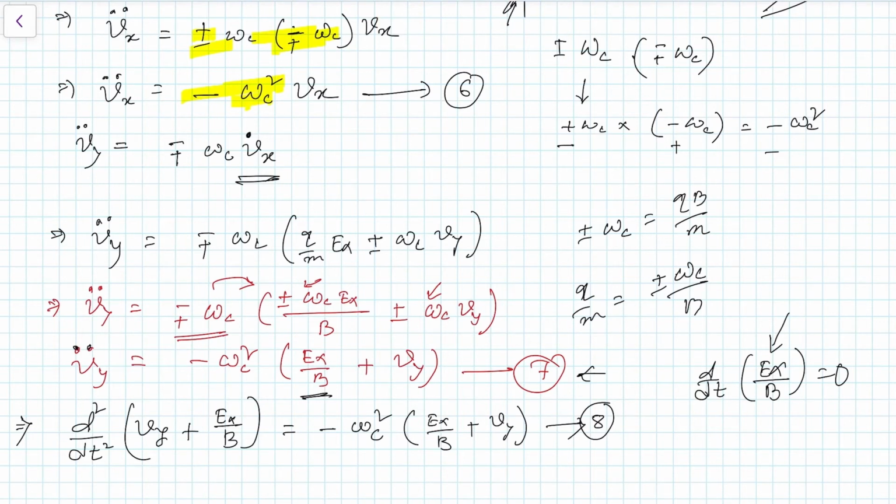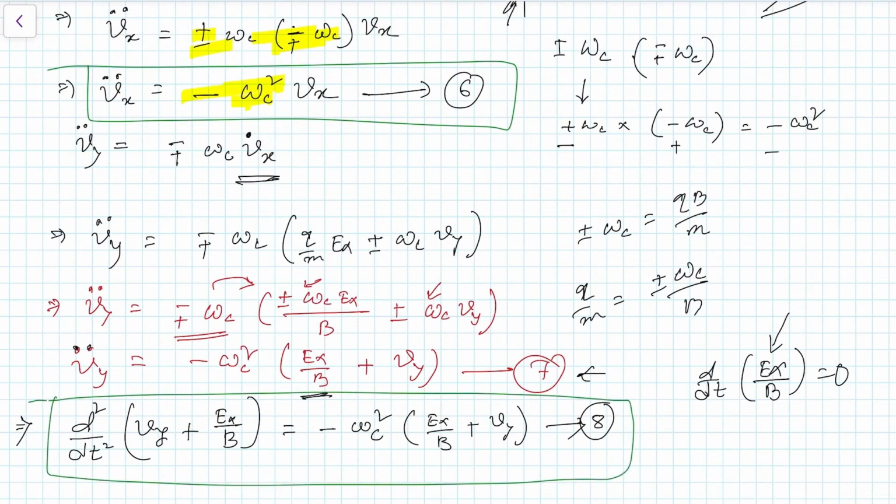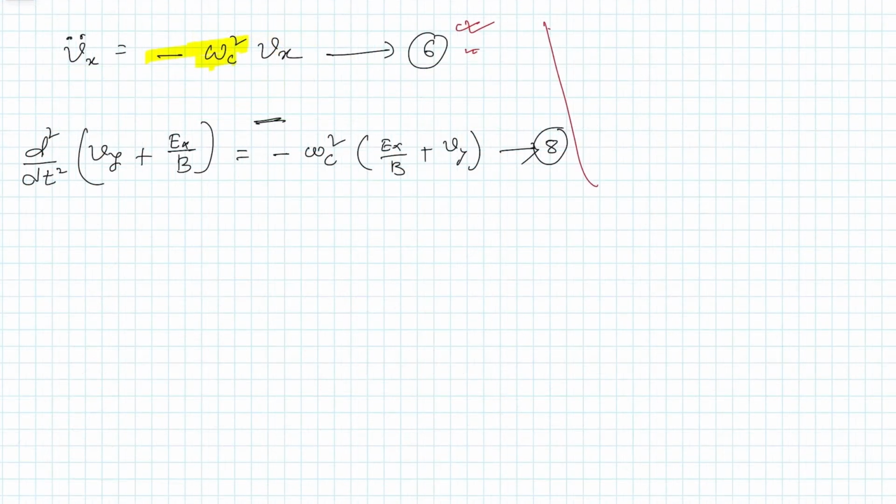Now let me keep equation number 6 and equation number 8 and clean the remaining parts. In the first case we also got these two equations: Vx double dot is equal to minus (qB by m) whole square Vy, which can be written as minus omega c square Vy, where omega c is the cyclotron frequency.